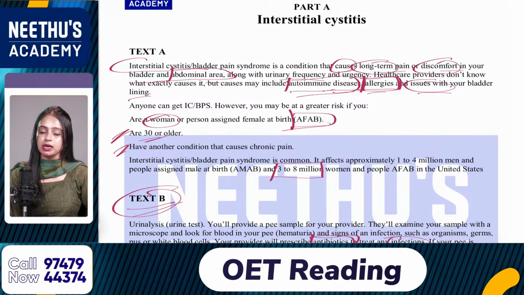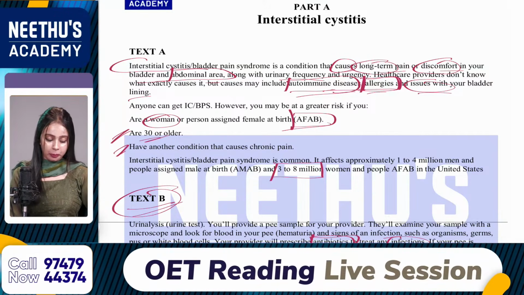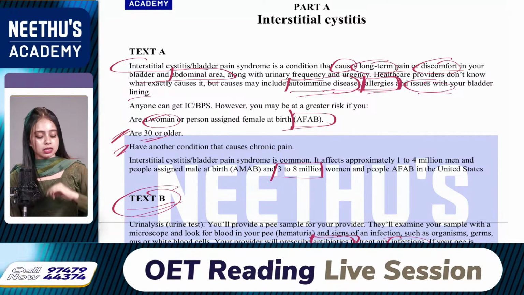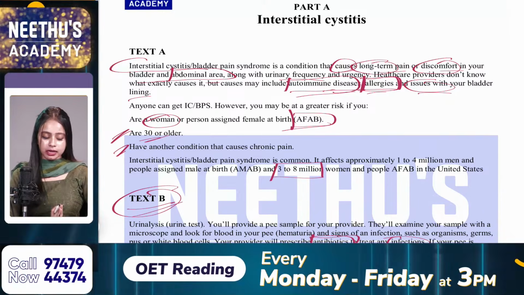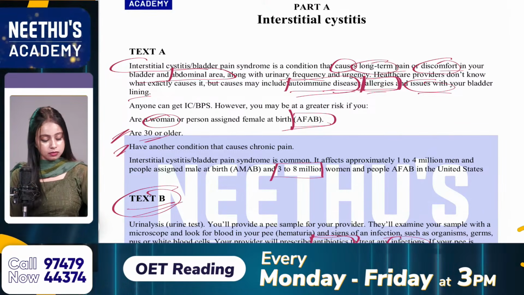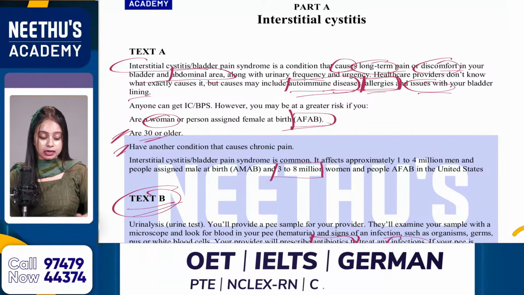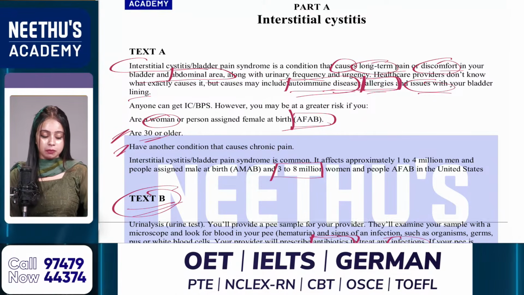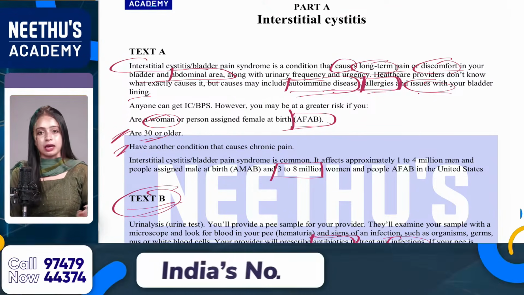So the answer should be abdominal area. Okay, Varsha, Anu, Radin, Tessie, Seenath, Reshma, Reba, Vidya, Rijo, it is abdominal area.